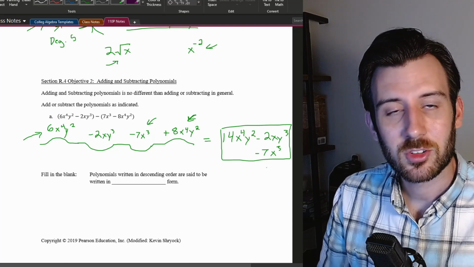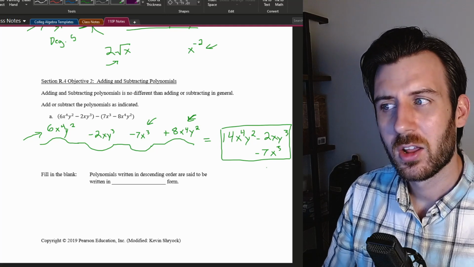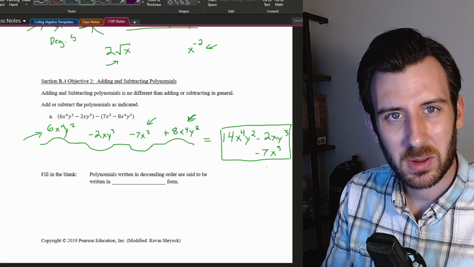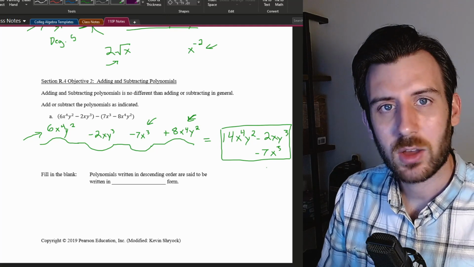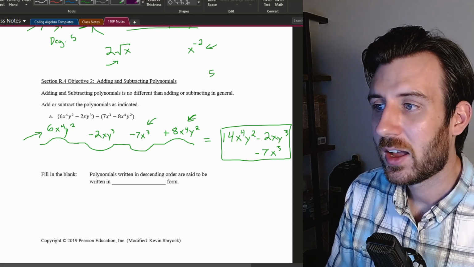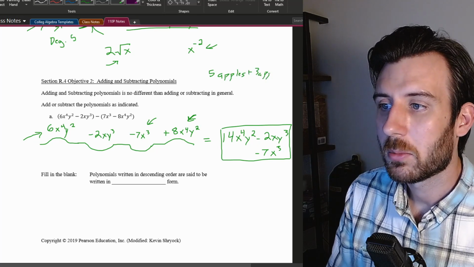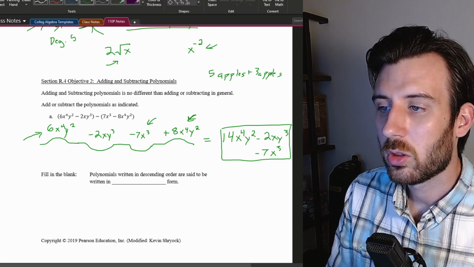So when we talk about adding and subtracting polynomials, this idea of combining like terms is just, do I have the same apples to apples that I can compare together? And when you read it out loud, you realize that there's a lot of similarities in the language. If I say that I have 5 apples and I add them to 3 apples, you'd be able to tell me that that is a total of 8 apples.